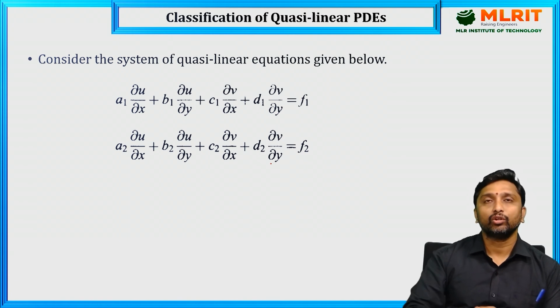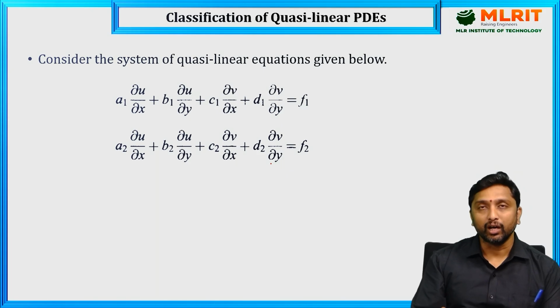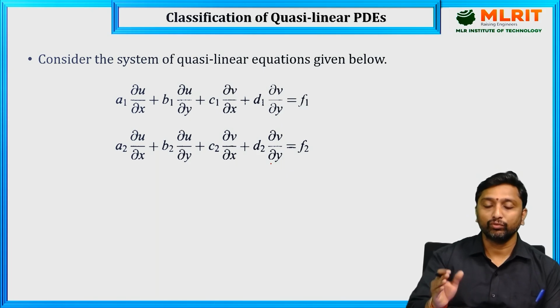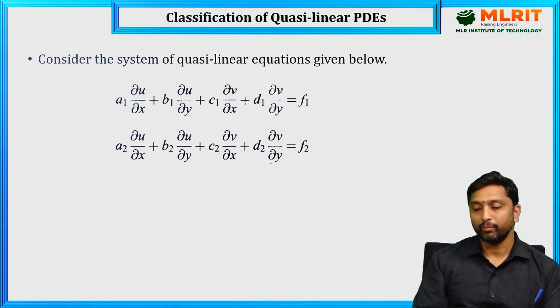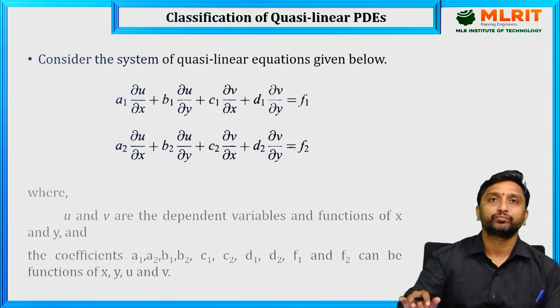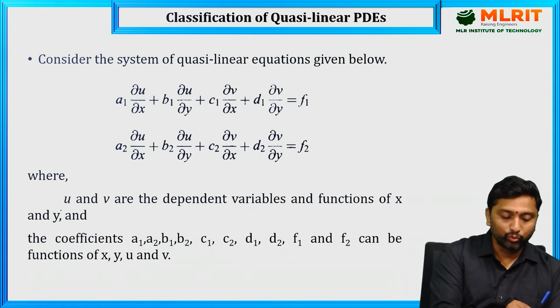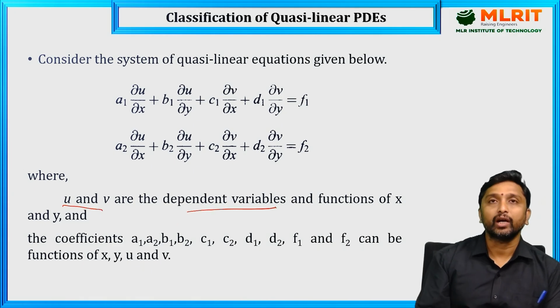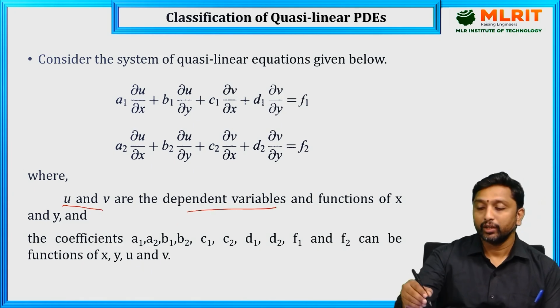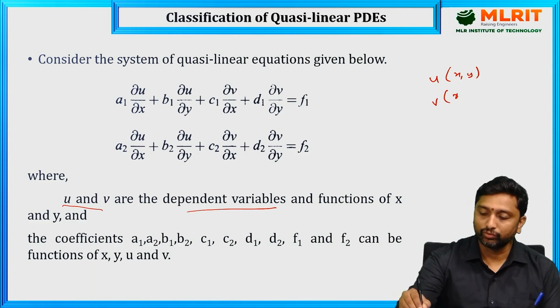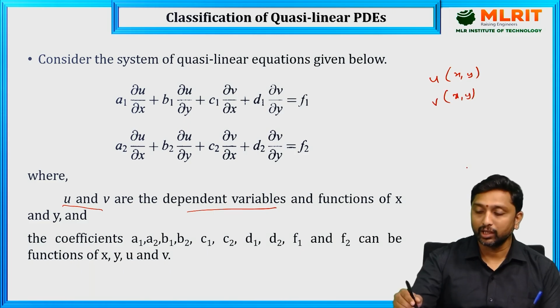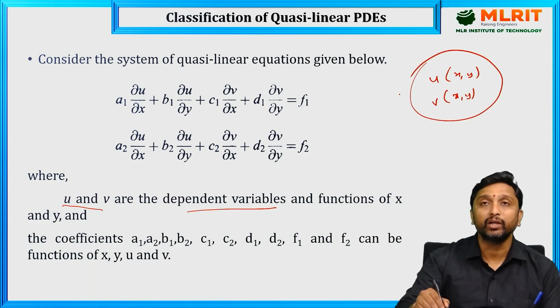See, these are not exactly representing the flow equations, but they are a set of general quasi-linear equations which we come across in mathematics. So here u, v are dependent variables and u, v are functions of x and y. u is a function of x comma y, v is also a function of x comma y, and x and y are the independent variables.